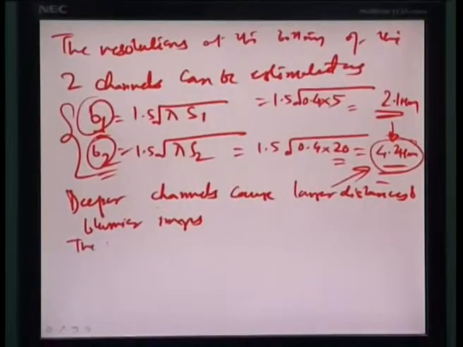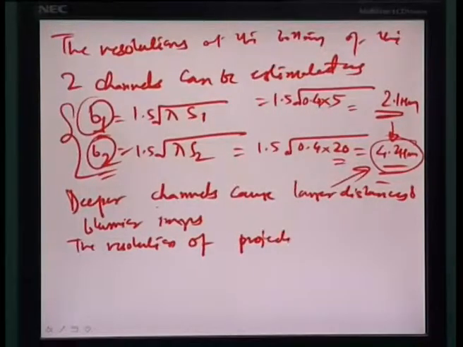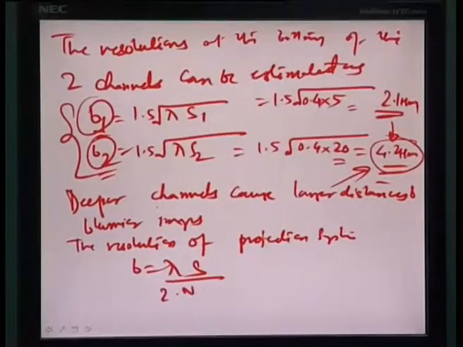So, the resolution of a projection system is actually dependent on the lambda as well as s, the distance of separation of the mask from the surface, but is also closely dependent on the numerical aperture. So, there is another control aspect here.